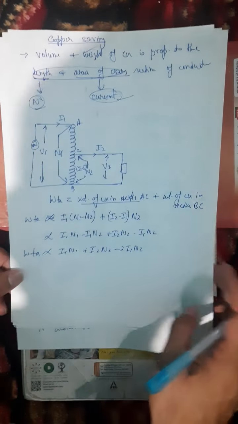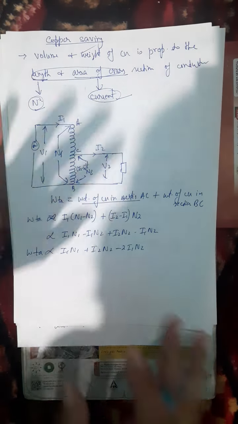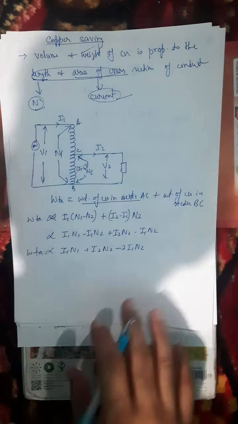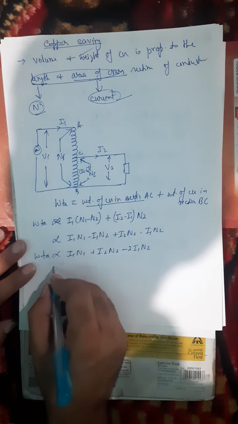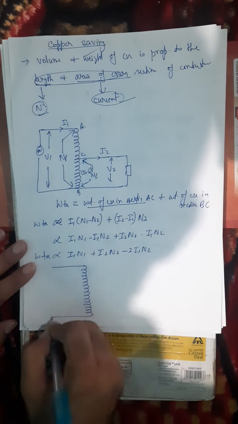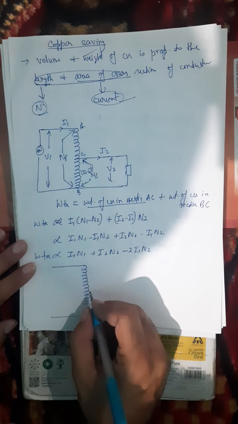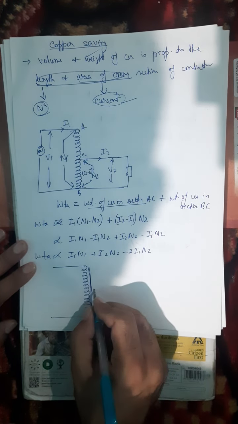So let us determine the weight of the two winding transformer of the same capacity. Okay, of the same capacity. ठीक है ना? So for that I will say that I will have windings like this. This is my primary, and then I have a core here, iron core here, and then I will have the secondary.